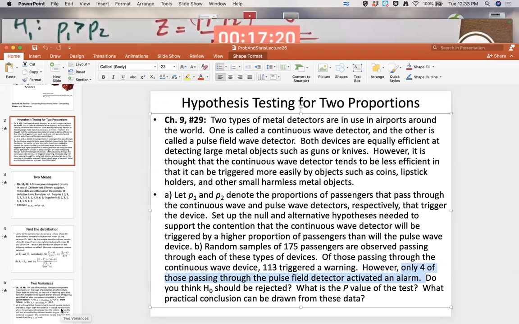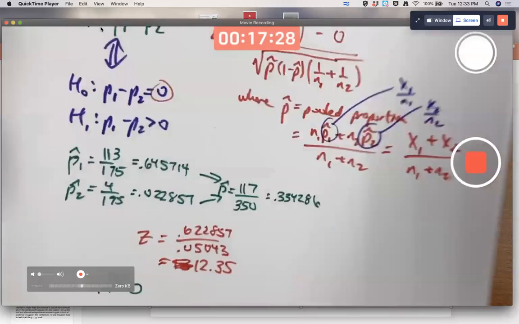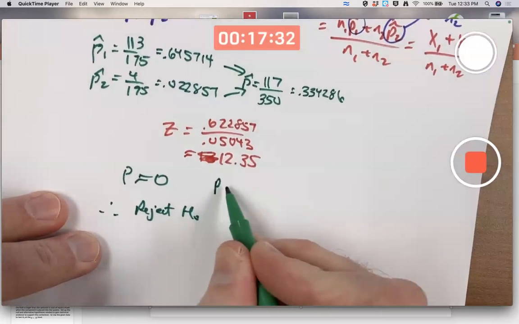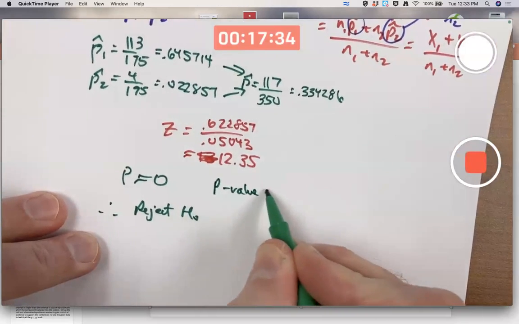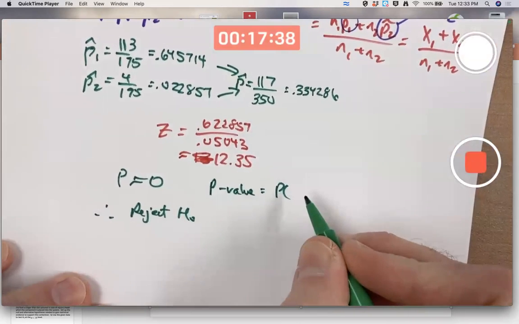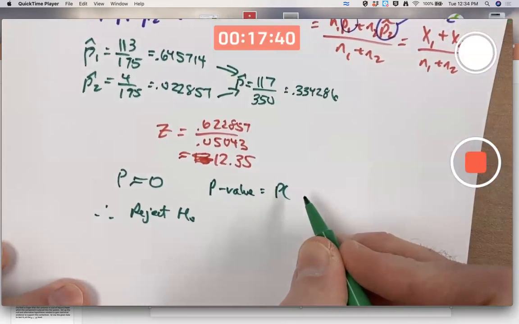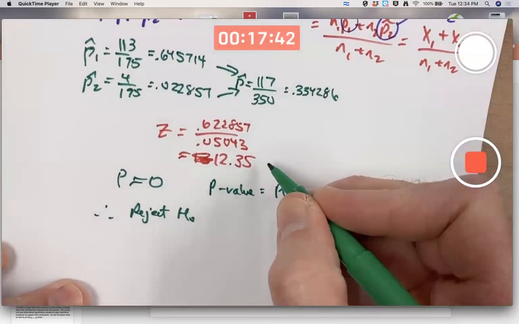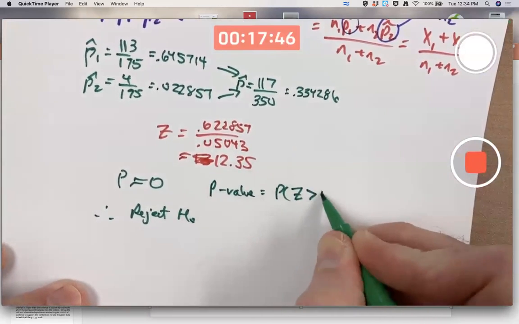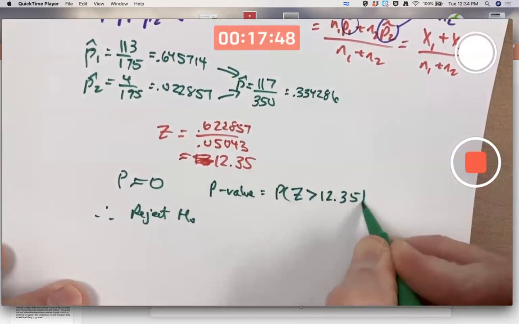Can I clarify anything? The p-value, technically speaking, okay, let's be more careful. The p-value is the probability of observing a test statistic as extreme or more extreme as what we actually observed under the assumption that the null is true. Here's the test statistic I got, assuming the null is true. What is the probability that z is greater than 12.35?